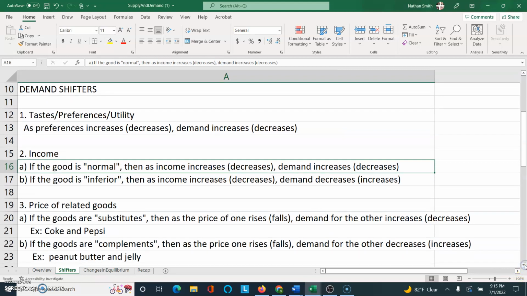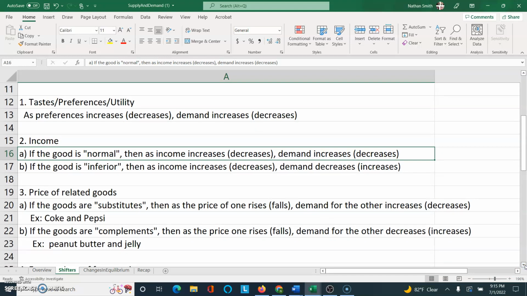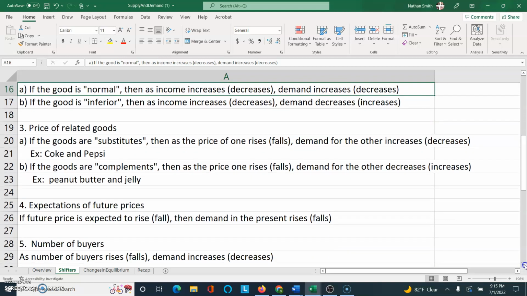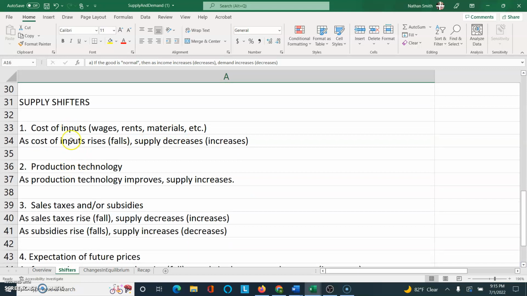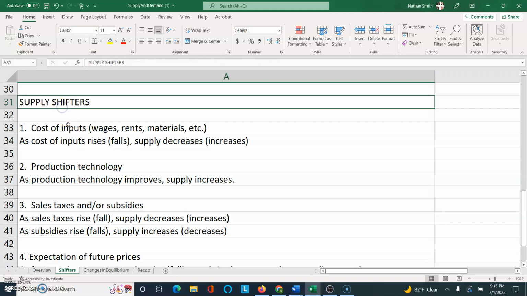Anything that affects production costs, that affects the firm, is going to be a supply shifter. So in this case, the freeze in Florida is going to make it more difficult and more expensive for the firms, the sellers, to make the orange juice. So that's going to be a supply shifter.